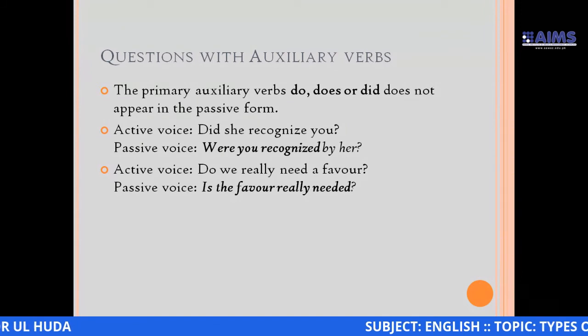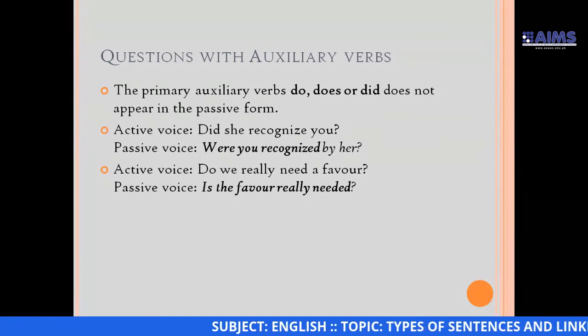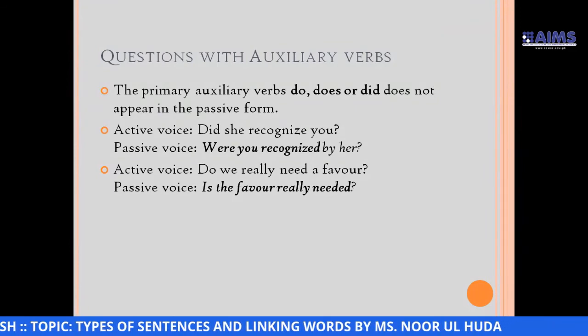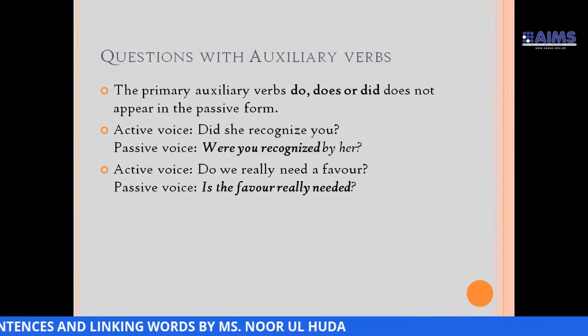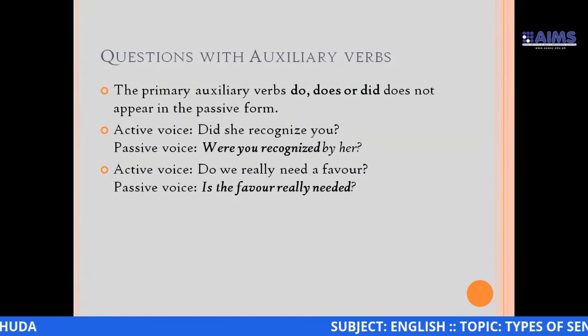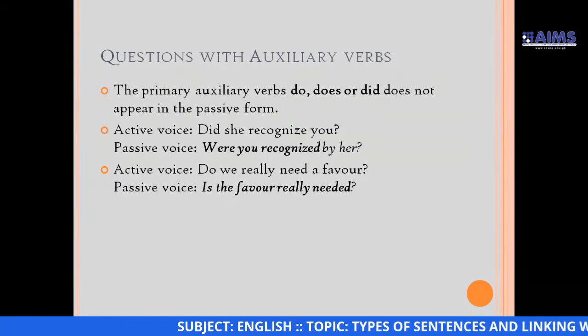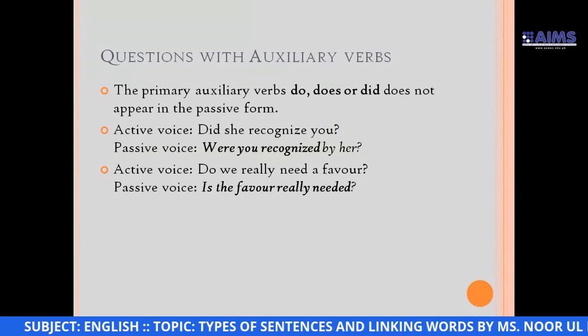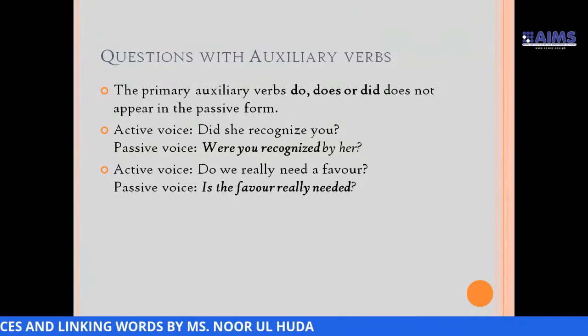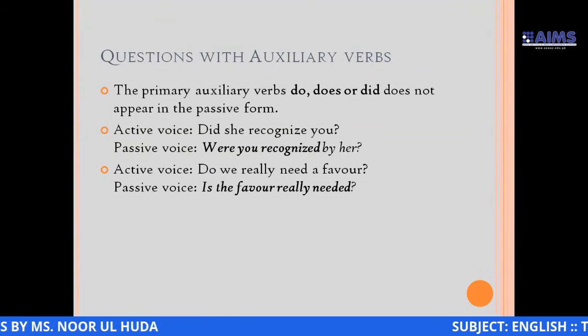Similarly, when we are making question sentences of a past or present sentence, we already have the helping verb in the passive structure. So we take the help of those passive structures to make the question sentences, right? Let's suppose: Did she recognize you? We already got the helping verb here, were.